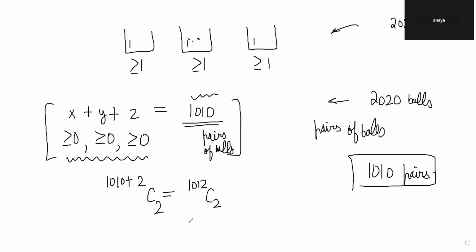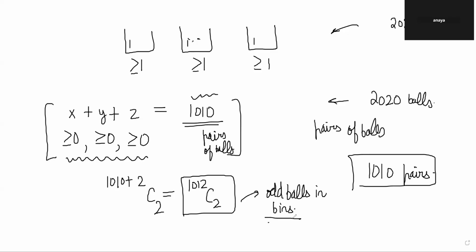This is the number of ways we can do it in such a way that every bin has an odd number of balls. That's what we did, by putting one and then doing pairs. But forget about oddness.